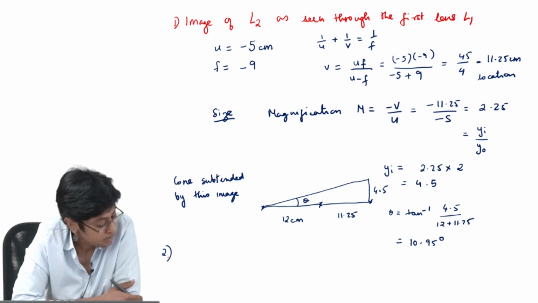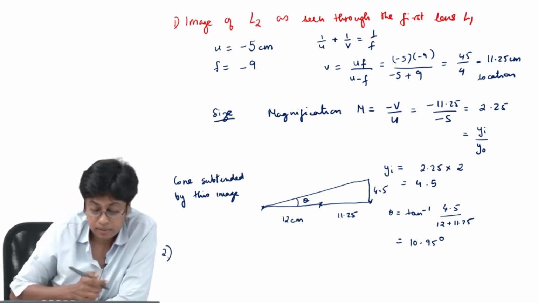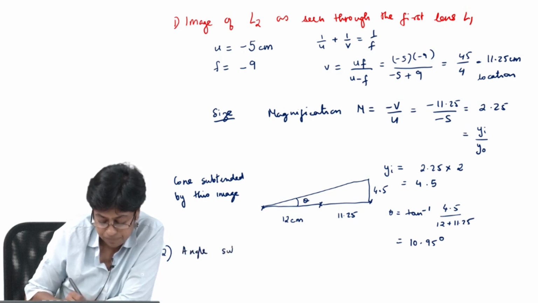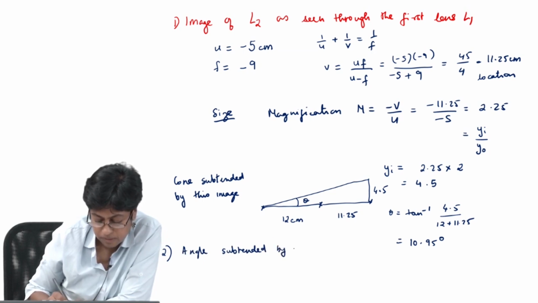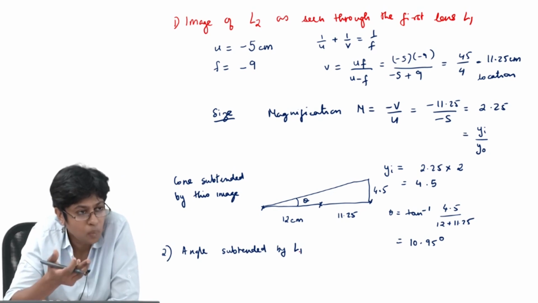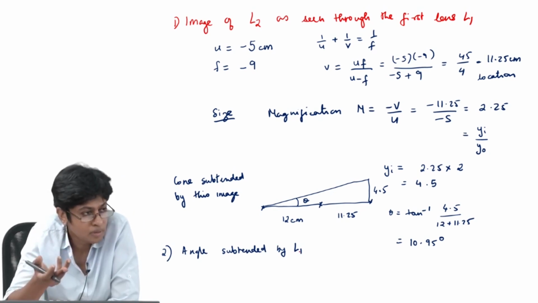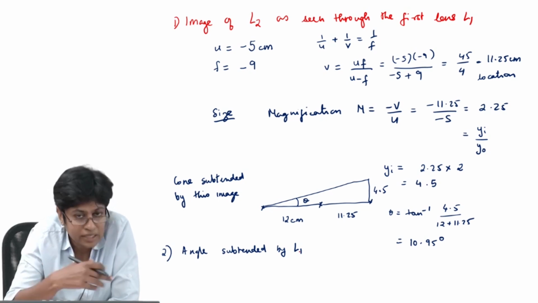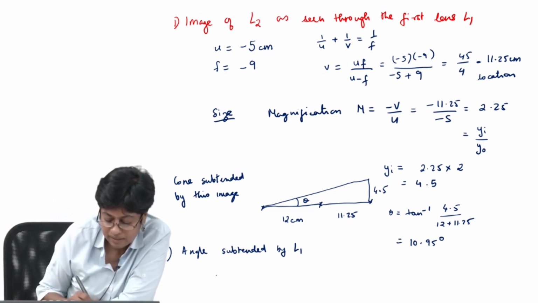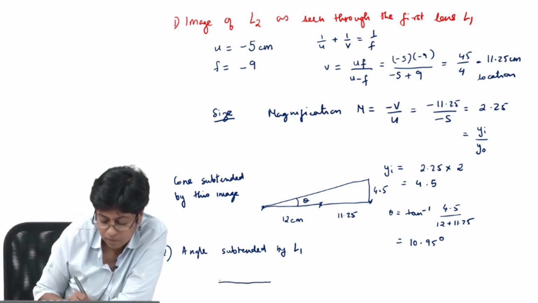For the second one, let us just do the angle subtended by the lens L1 directly. Now, for L1, there are no other imaging elements before it, so I do not have to calculate any image. I can directly calculate the angle.